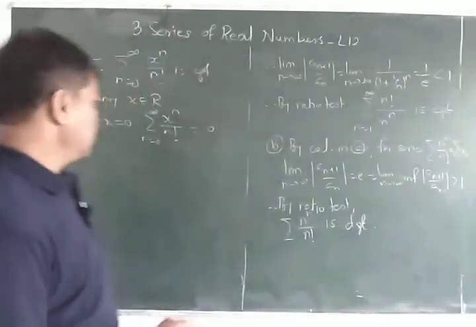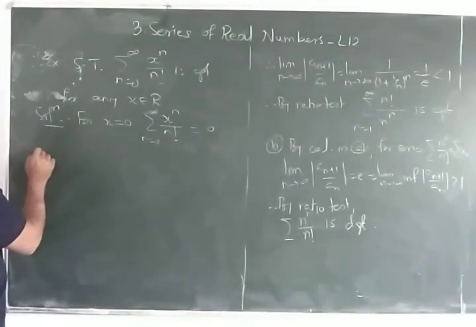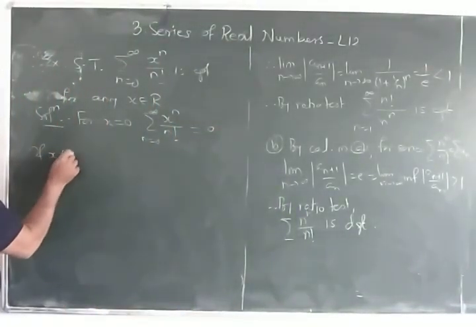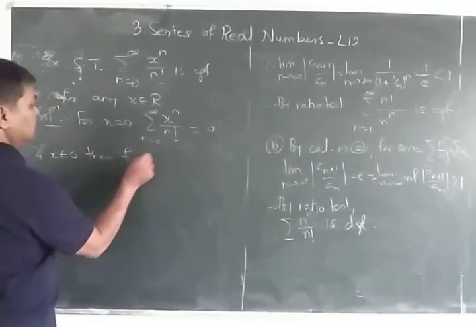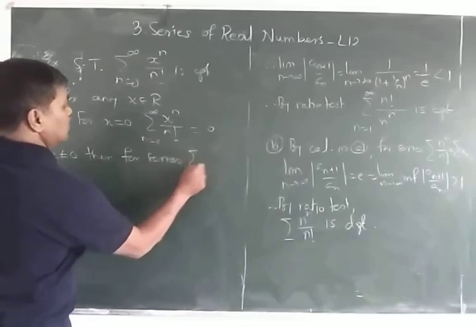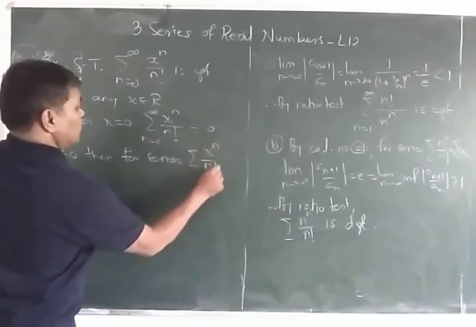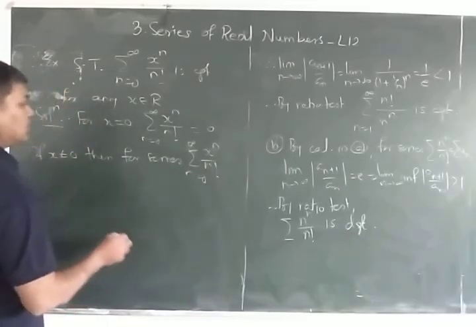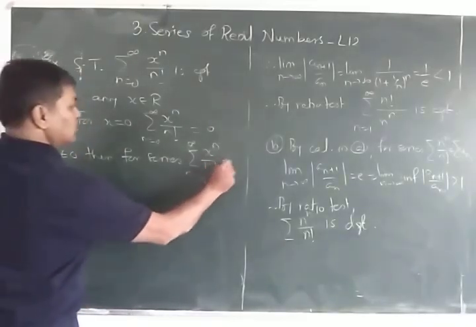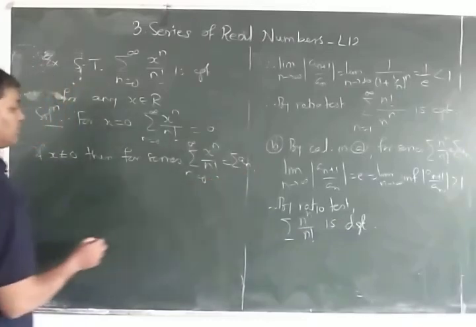So if x is not equal to 0, then for the series summation of x raised to n upon n factorial, n equal to 0 to infinity, denote this by summation an.